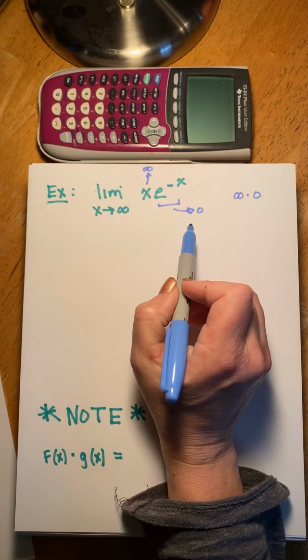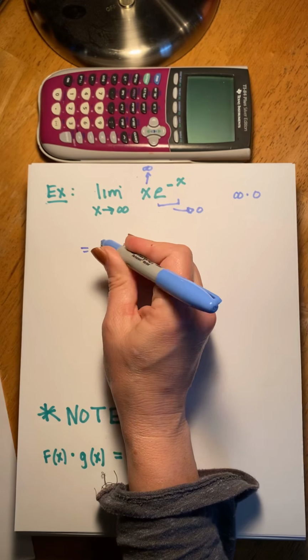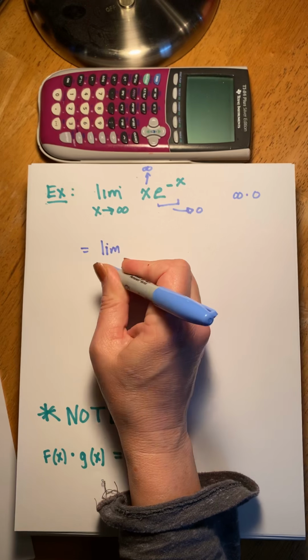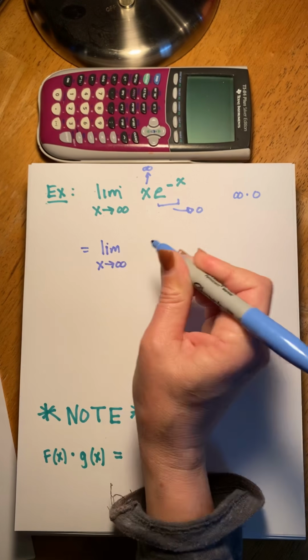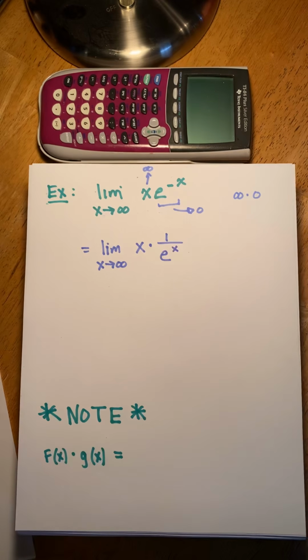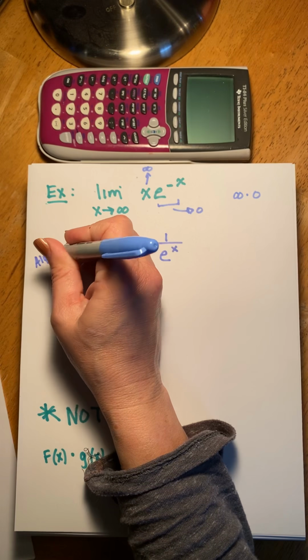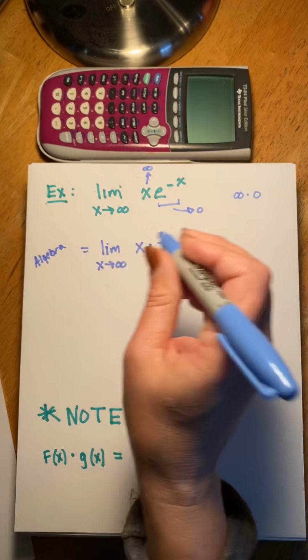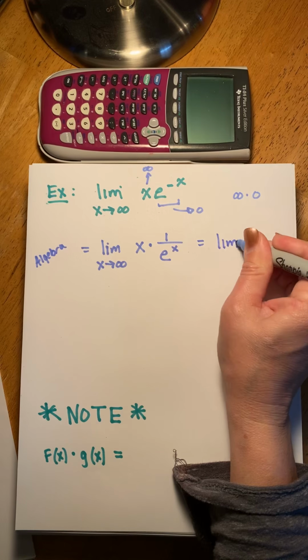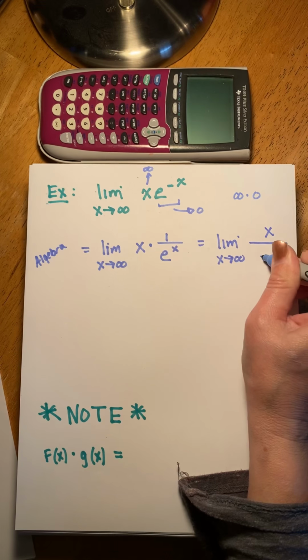All right, so infinity times 0. Well, if we just think about what e to the negative x means, what I had just said, this is the same thing as x times 1 over e to the x. Agree? So x times e to the negative x is equivalent to, so this is just algebra, I'm just going to write it as a quotient, x over e to the x.